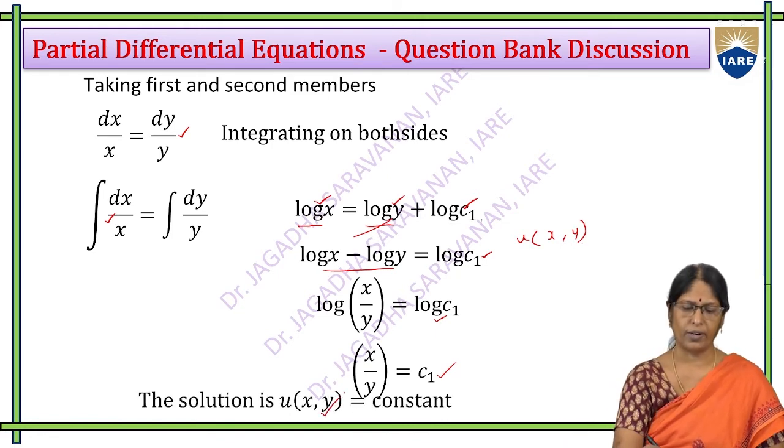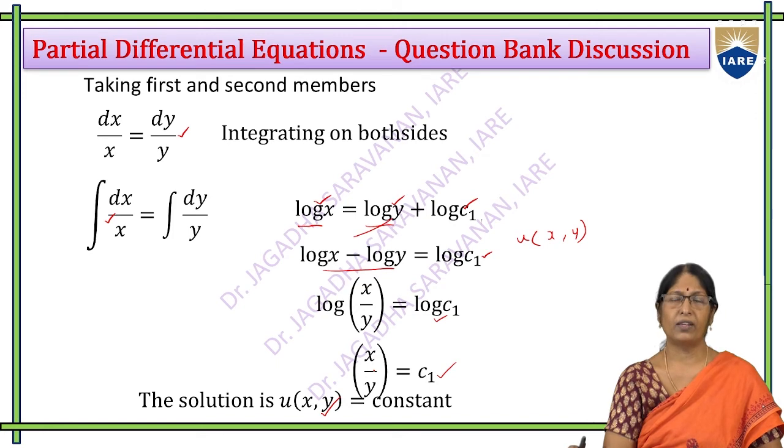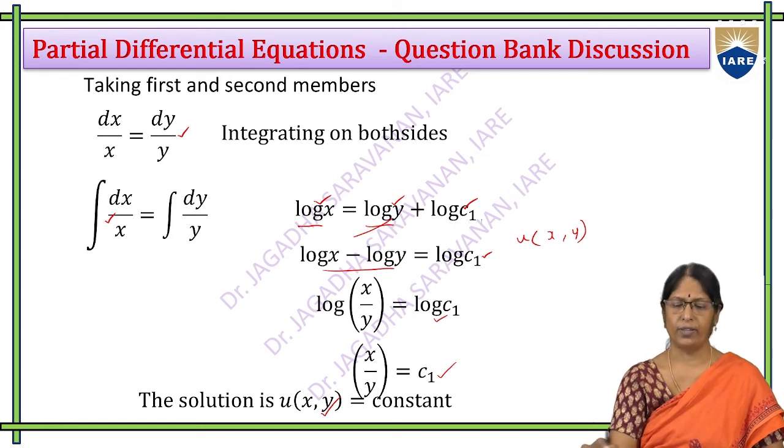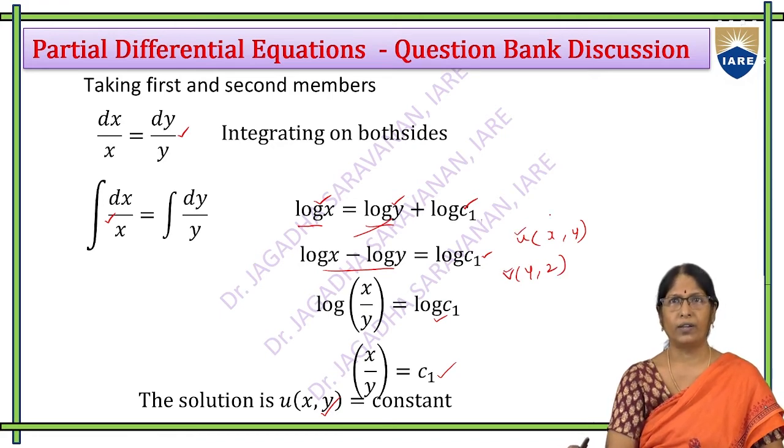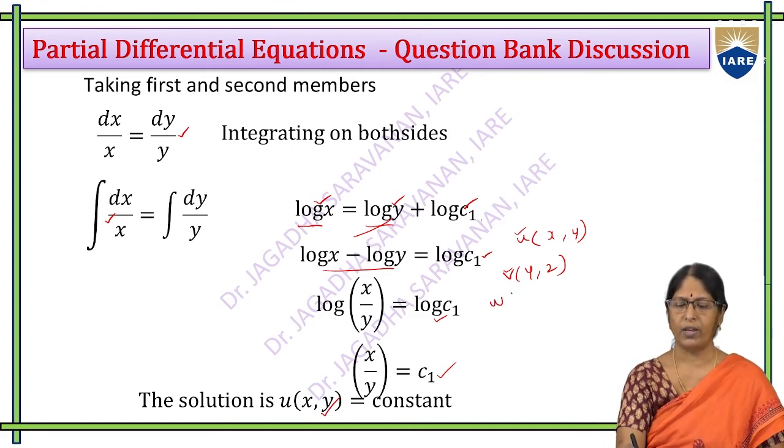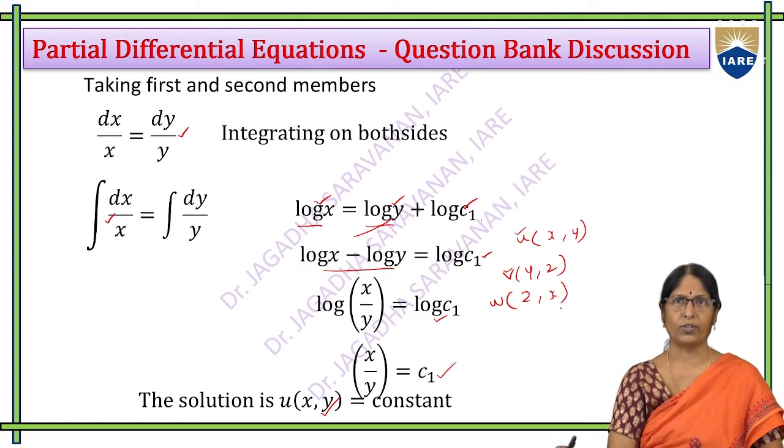That's what is written here. Suppose second and third member, it is v of y comma z. These are the variables in general which are defined by default. Suppose the third and first member, if we are taking, we can write w of z comma x equal to constant.